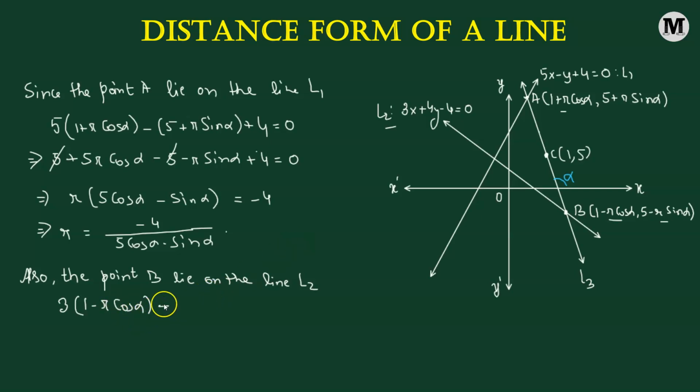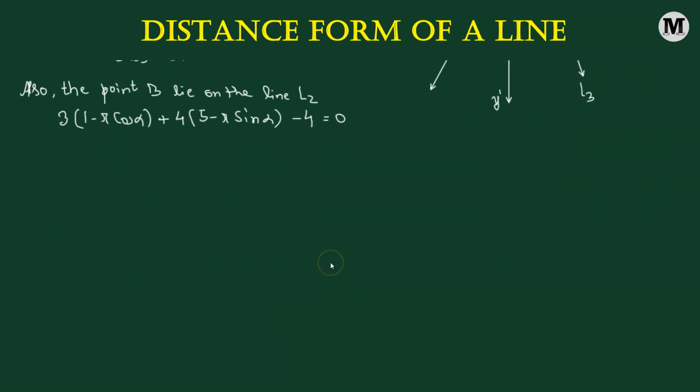Then we have plus 4 times y, so y will be 5 minus r sine of angle alpha, minus 4, that's equal to 0. So let's simplify this equation to obtain the value of r. So we get 3 minus 3 times r times cosine of angle alpha plus 20 minus 4 times r times sine of angle alpha minus 4 equals 0.